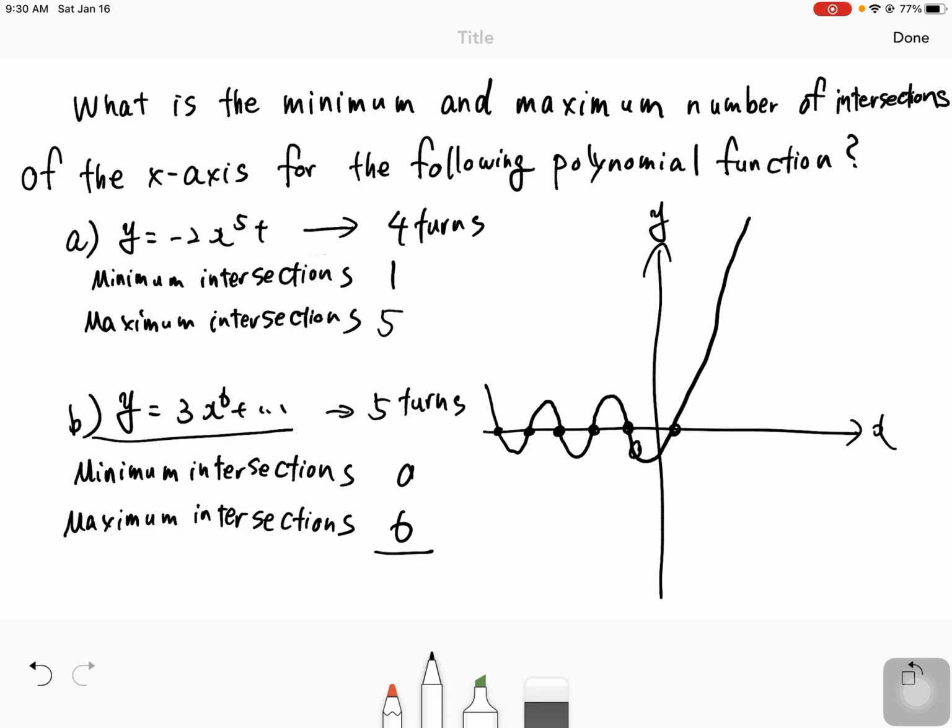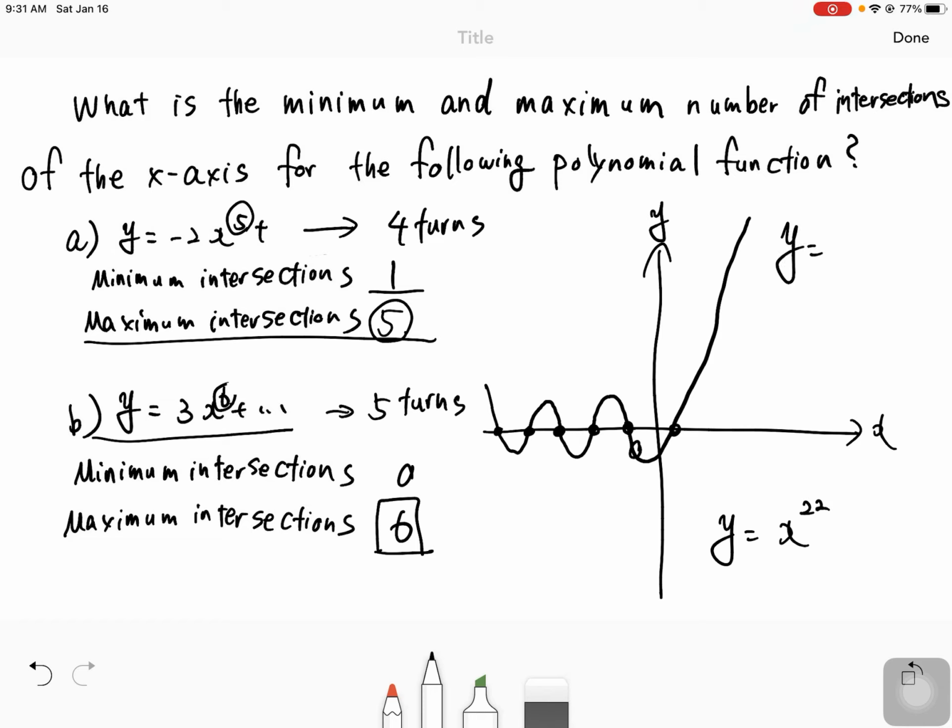So what if the degree is, for example, x to the power of 22? It could have maximum intersections of 22. Okay? And what are the minimum intersections? In the case of number A, it could have 1 minimum intersection. What if it's 3?